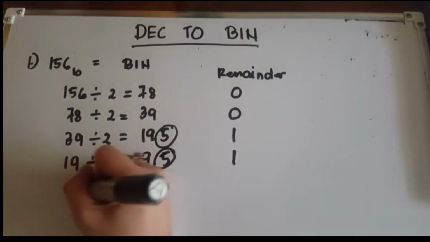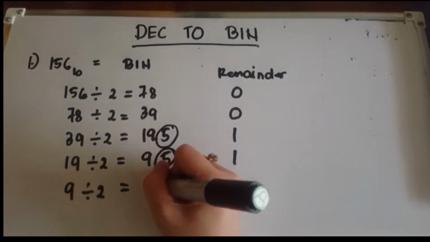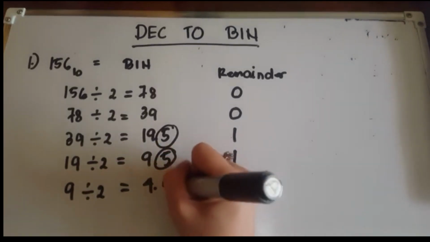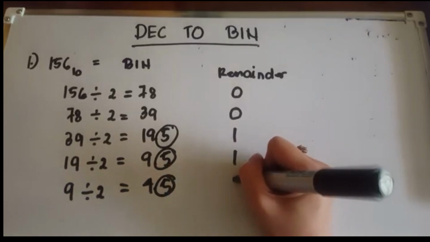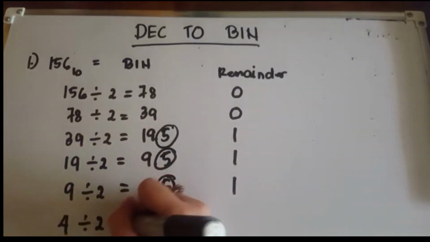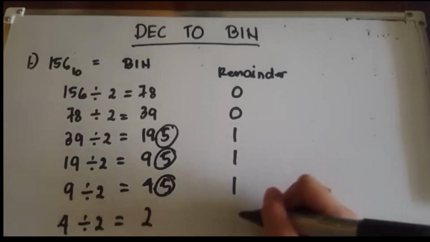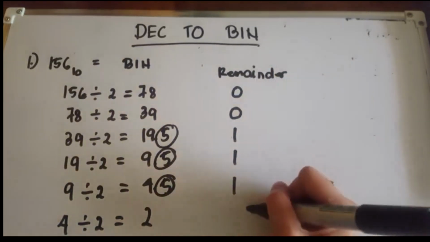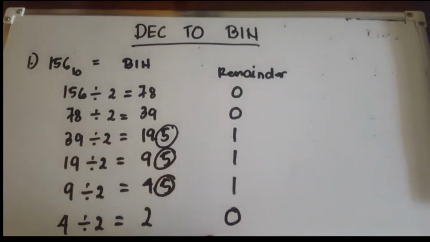So we have 9 divided by 2. This is of course 4.5. This becomes remainder. We have to put this 1. And so 4 divided by 2, of course the answer is 2. This becomes a whole number now, so there's no remainder, so that becomes 0 or off.